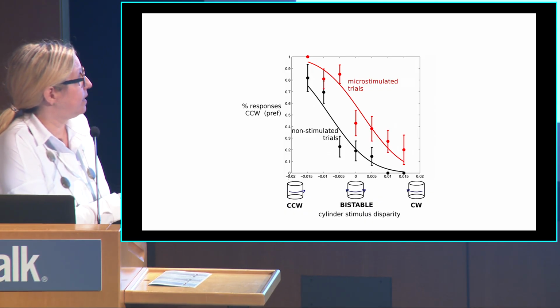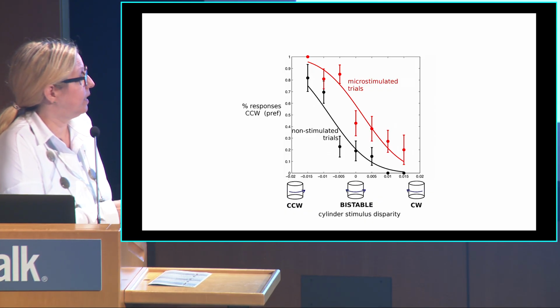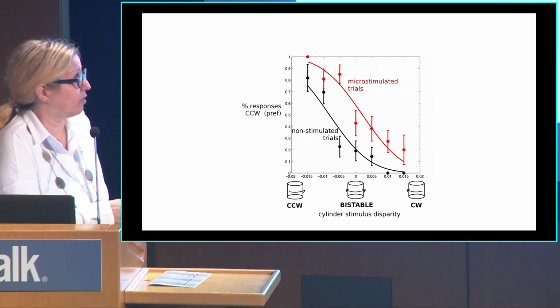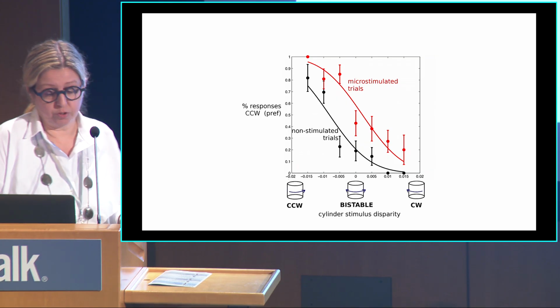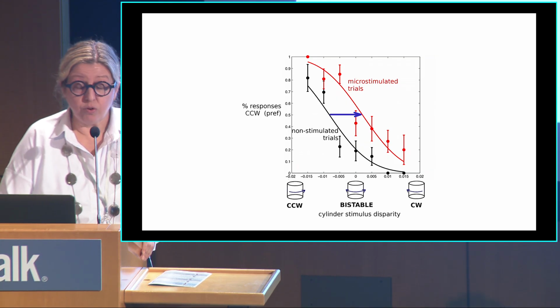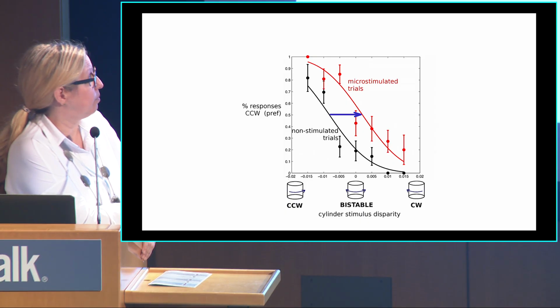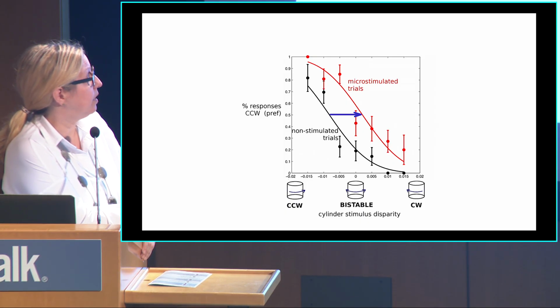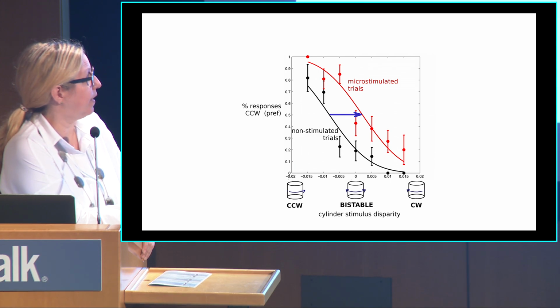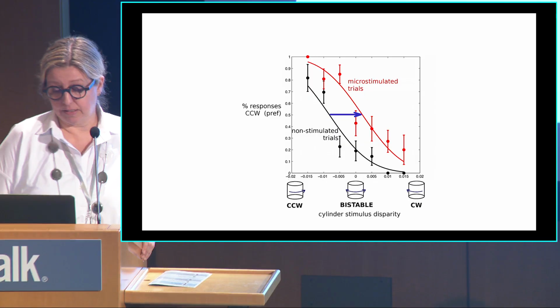And not just the bistable stimulus, the ambiguous one, but here stimuli the animal gets 100% correct when there's no electrical microstimulation. And here the animal actually loses rewards when it does so. We can quantify the effect of microstimulation by the shift in the function here in terms of how much visual information we would have had to put in order to get the same effect.